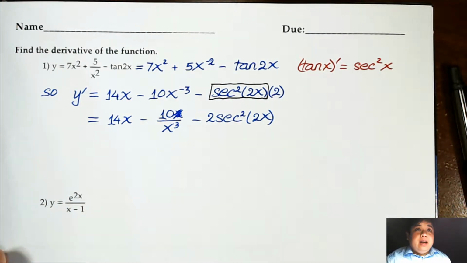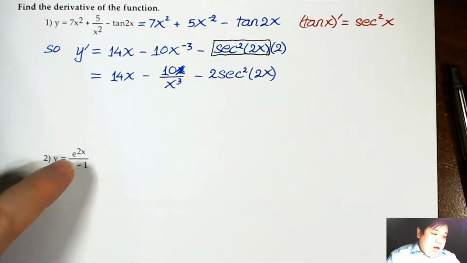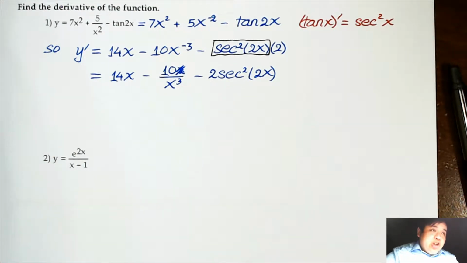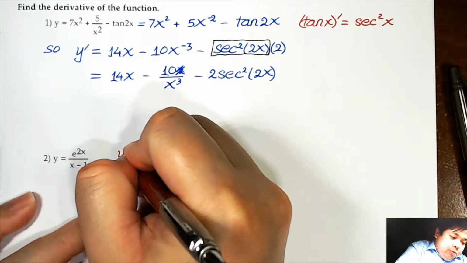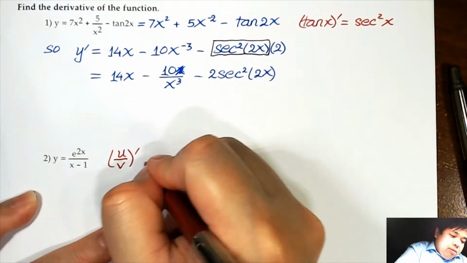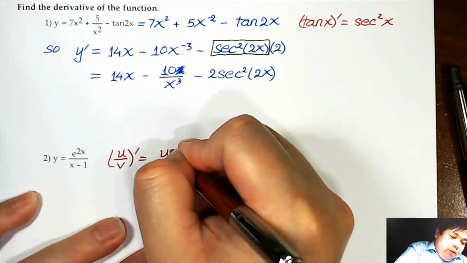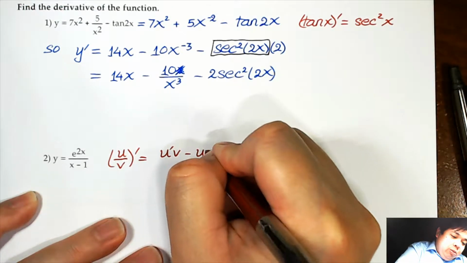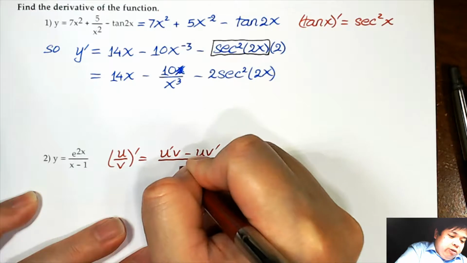Right. Next problem. This is the quotient rule. So first the quotient rule u over v. Derivative of u over v is u prime v minus u v prime over v squared.